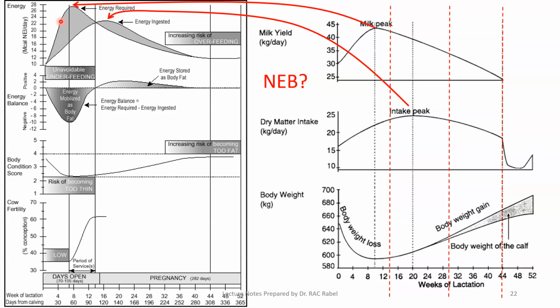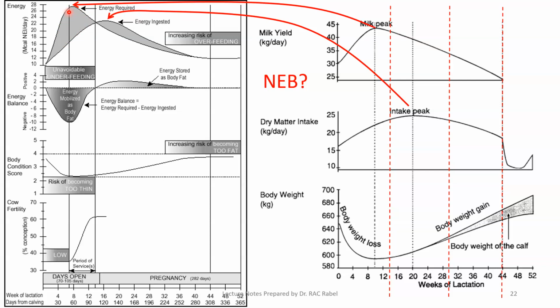Pause the video and think about it. Okay. So if you thought, okay, the animal does that by mobilizing stored energy in the body, you answered right. So what happens during this phase is the animal uses energy stored as body fat. The animal mobilizes energy from this body fat and uses that energy to produce milk.